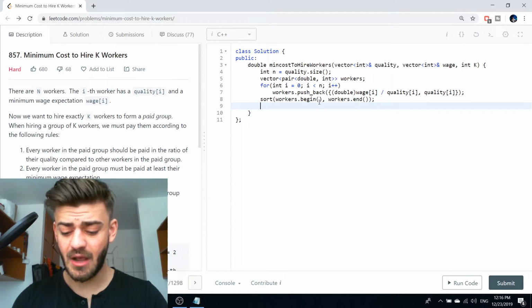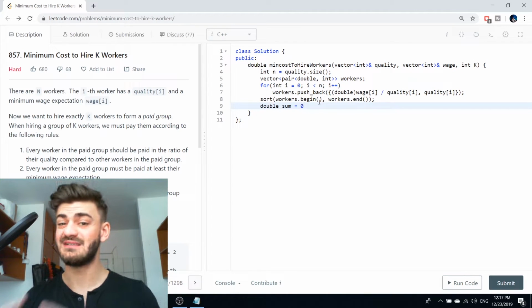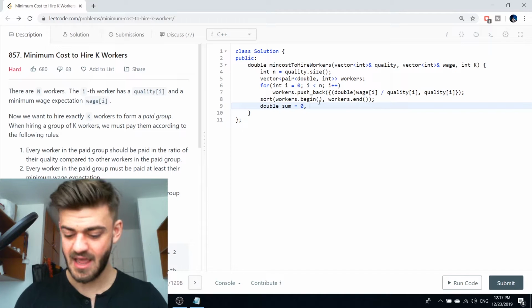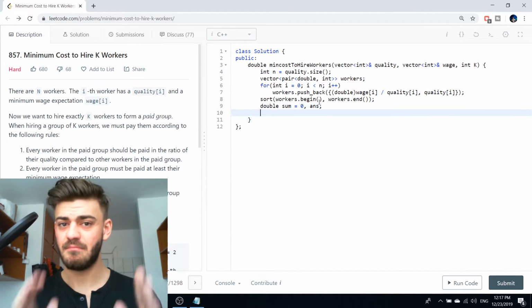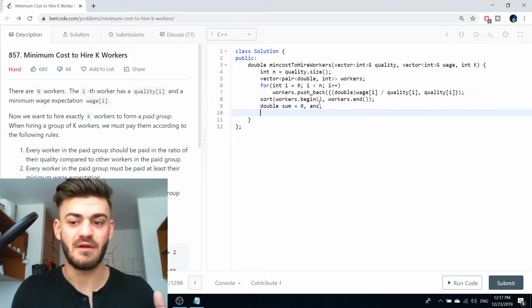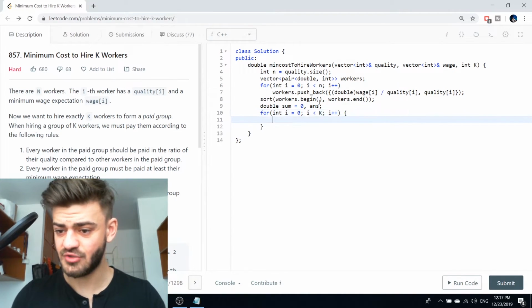So I am going to have my variable sum, which is always going to be the sum of my qualities, so the sum of those minimum k qualities, and my answer. Initially, my first valid set consists of the first k workers, right? So through those first k workers, i++, I am taking them into my set.